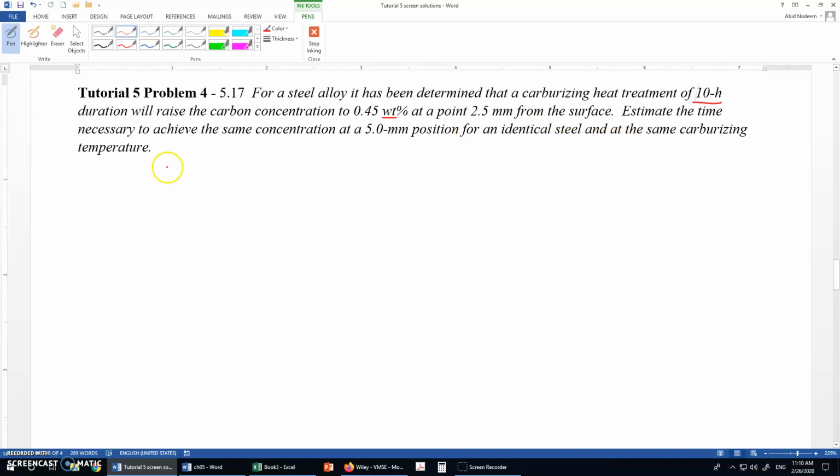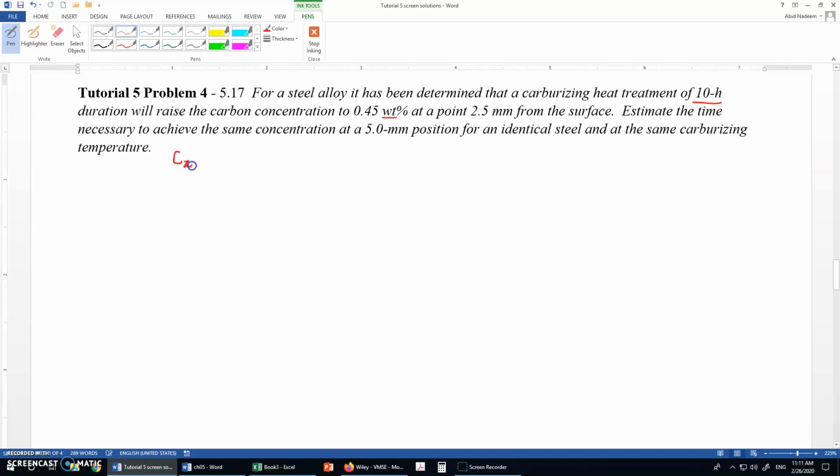So this is again a non-steady state diffusion problem because you can see that the concentration values are changing with time and position. So for non-steady state condition, we know that this equation is valid.